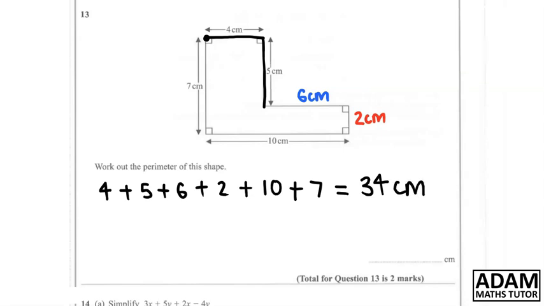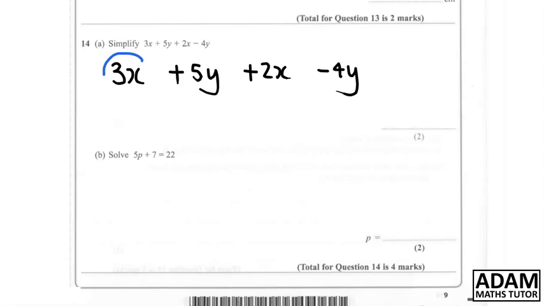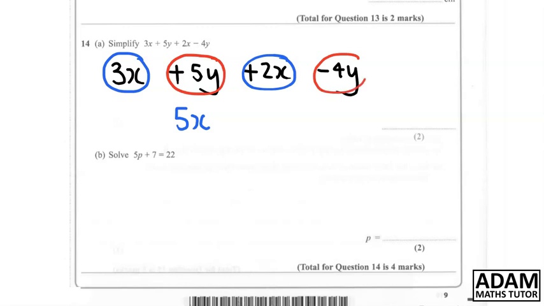Question 14a. Simplify 3x plus 5y plus 2x, take away 4y. Collecting like terms, I'll be able to collect 3x with plus 2x, which is 5x, and I'll also be able to collect 5y with -4y, and that would give me a total of plus 1y, or just y.